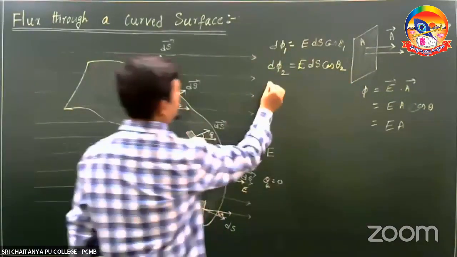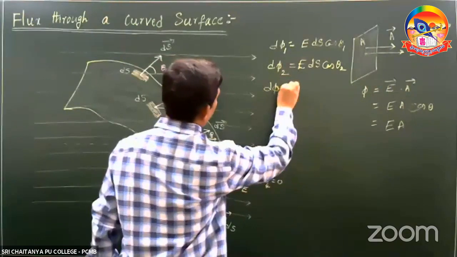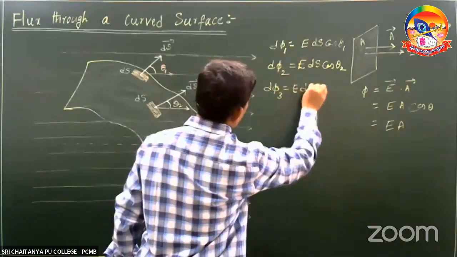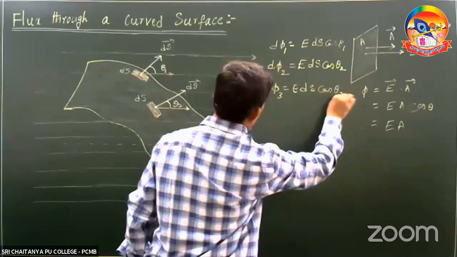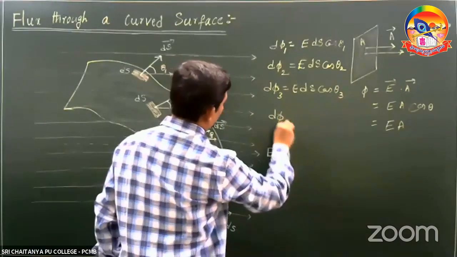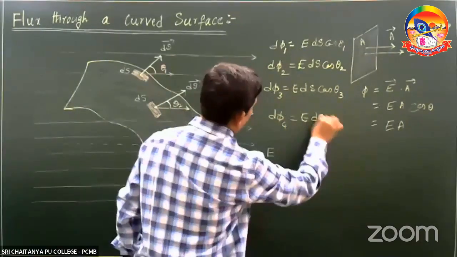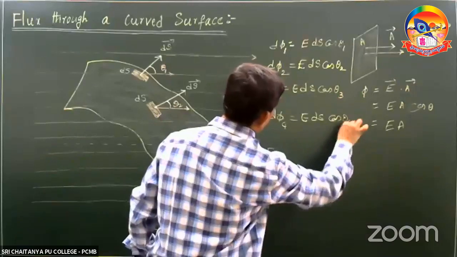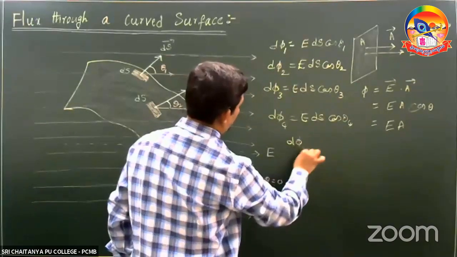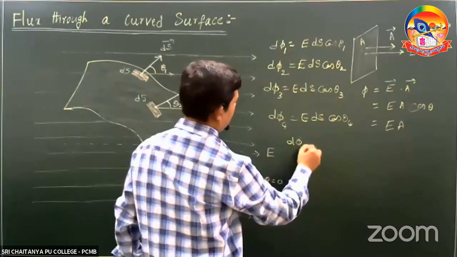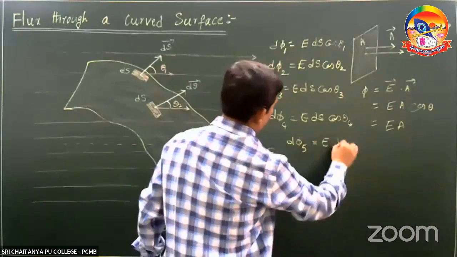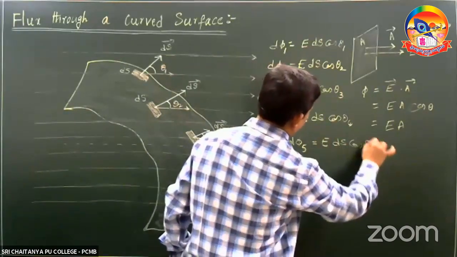For the third, d phi 3: E ds cos theta 3. d phi 4: E ds cos theta 4, like that. d phi 5: E ds cos theta 5.